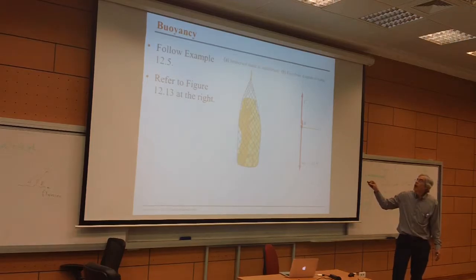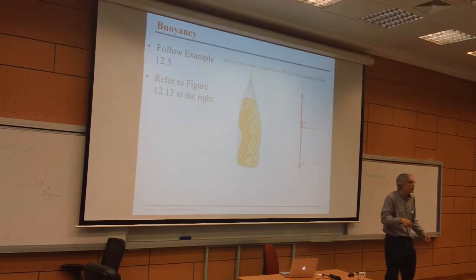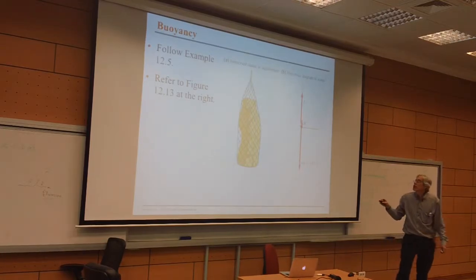But now, if I immerse it so that I have a string at the top, then with the tension in the string, I can submerge the statue, but still hold it up. Okay? So now the question is, what will the tension be in the string?